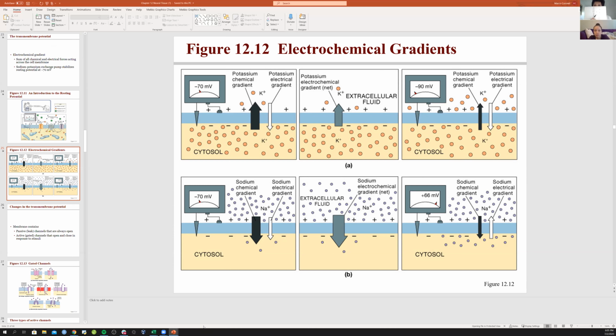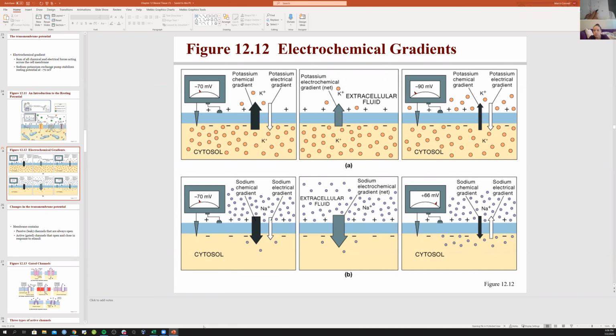So what's happening here? We have an electrochemical differential between these two. Let's say this is the inside of the cell, interior. I'm gonna draw a nucleus there, just to point out this is the inside of the cell. This is the outside. So there is an electrochemical gradient here, right? You can say that the exterior of the cell is +4, or actually, let me do +4, 5, 6, 7.